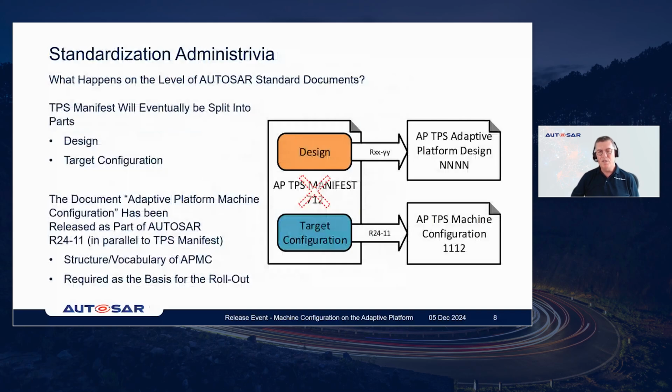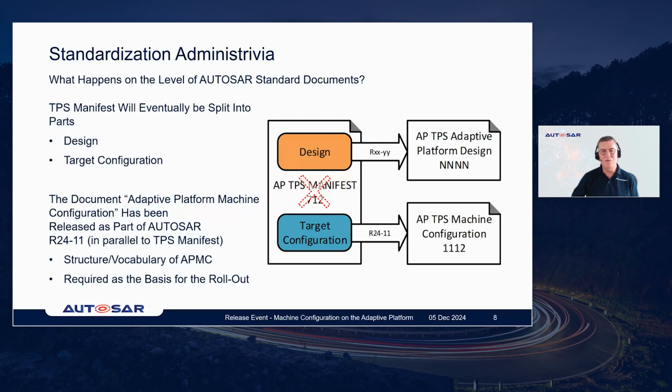I already mentioned this new document. It's called TPS machine configuration. It is taken out of the existing part of the TPS manifest. So this document also defines the design on the adaptive platform and the target configuration on the adaptive platform.